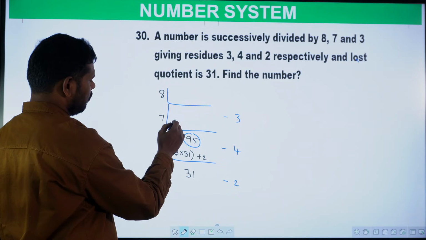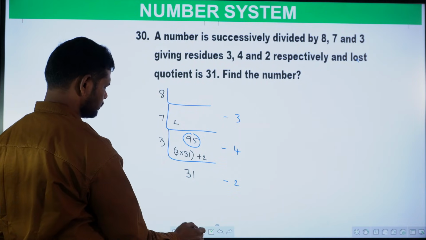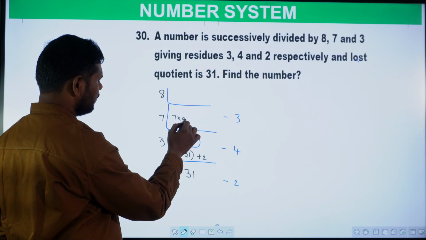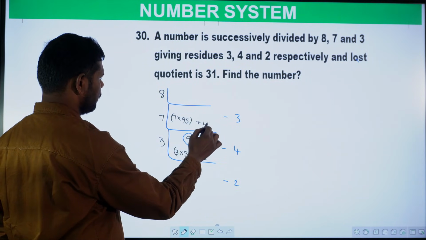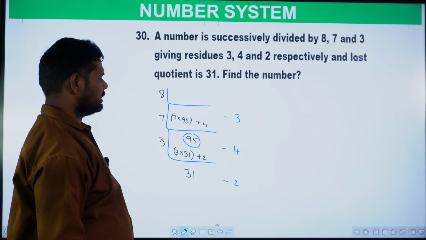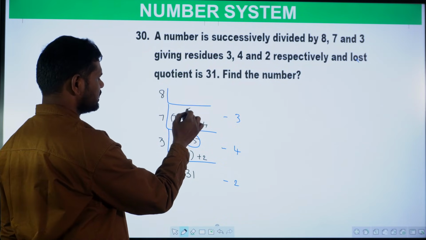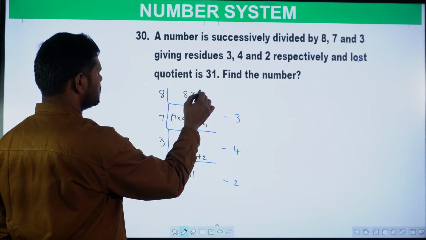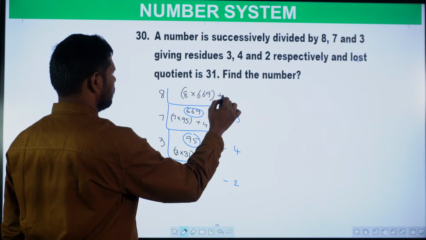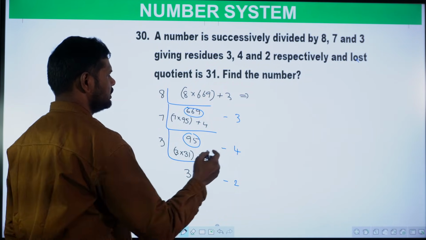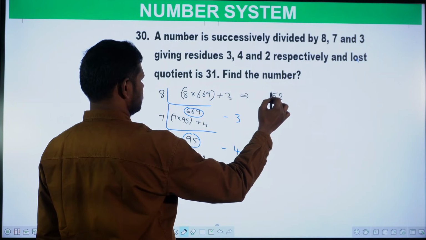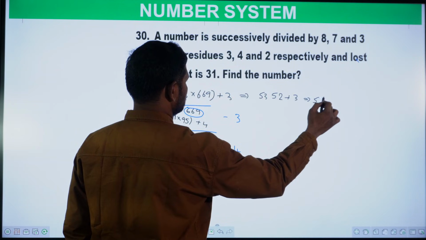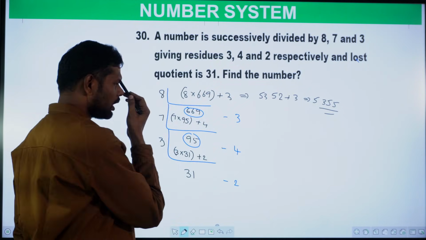Then 7 into 95 plus 4 is the remainder. 7 times 95 is 665, plus 4 is 669. The required number is 8 into 669 plus 3. 8 times 669 is 5352, plus 3 is 5355. This is the answer, right?